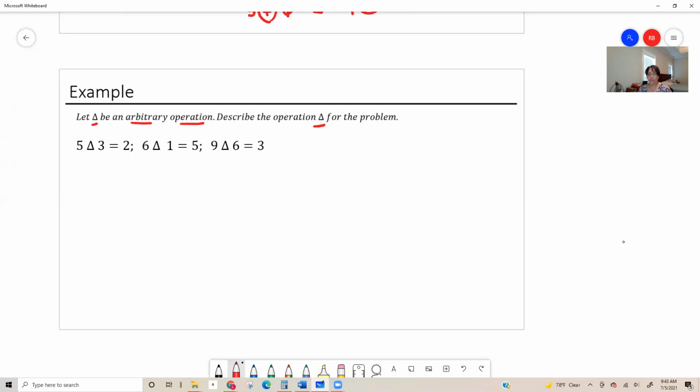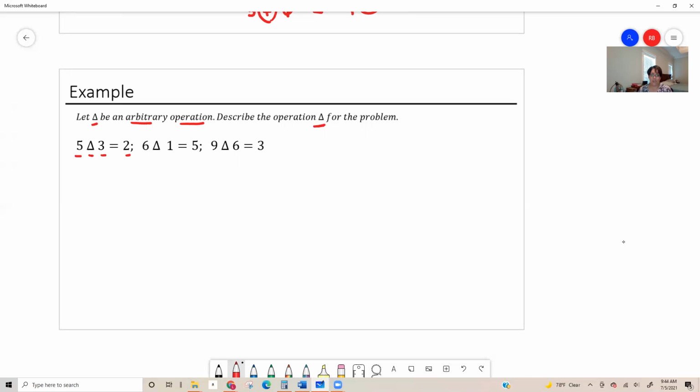So we're trying to figure out what operation the triangle is. So what we're going to do here is look at 5. Whatever this operation is, 5 triangle 3 gives me 2.